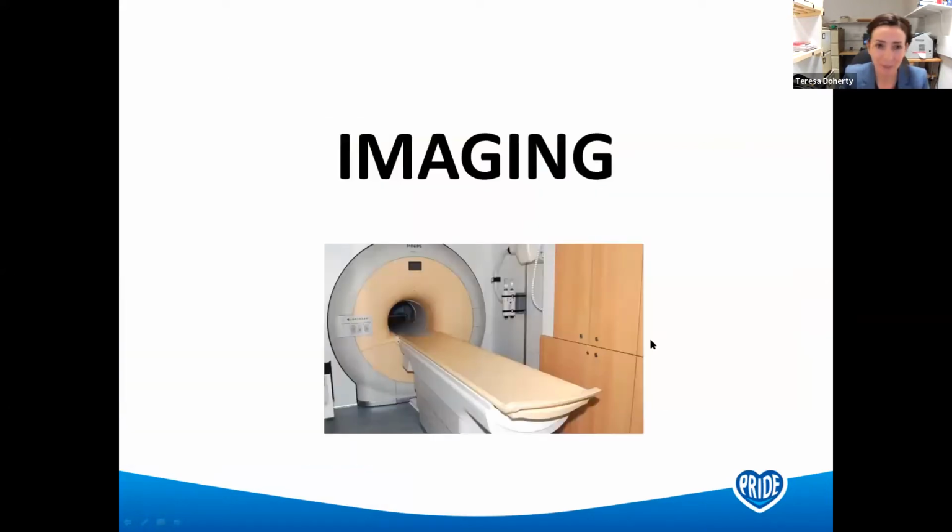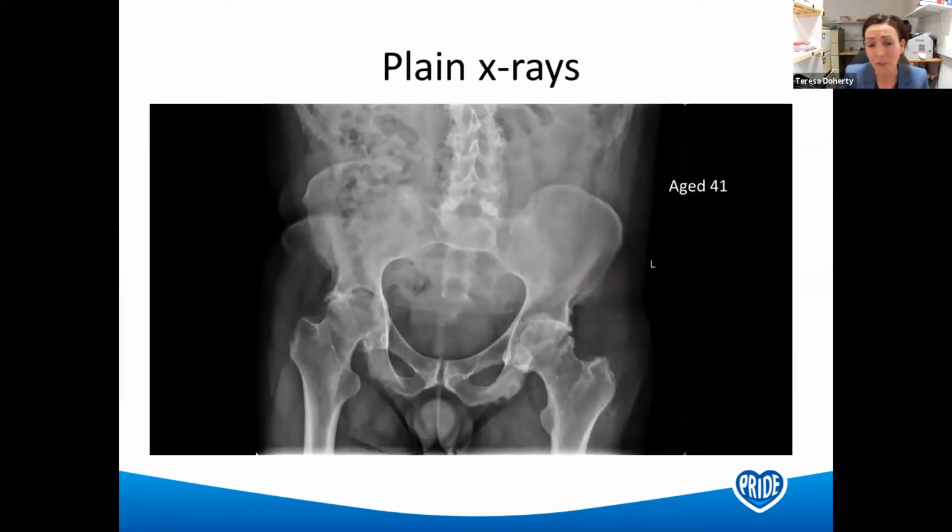So on to imaging. Plain x-rays are useful, and hip involvement is quite a bad prognostic feature. This 41-year-old patient of mine has really eroded hips. I'm going to need bilateral hip replacements. You can find avascular necrosis as well as a cause for needing total hip replacements in young people associated with inflammation of the hips.